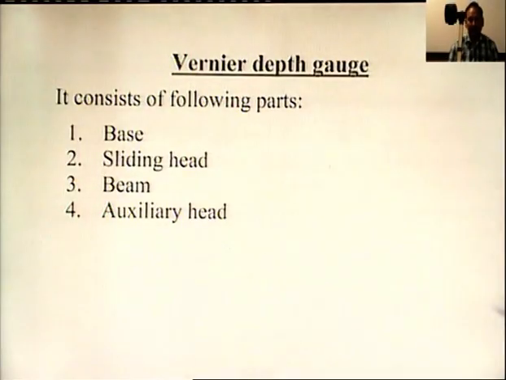Vernier depth gauge. It consists of the following main parts. One is the base of this depth gauge, the sliding head, the beam, and the auxiliary head of this depth gauge.